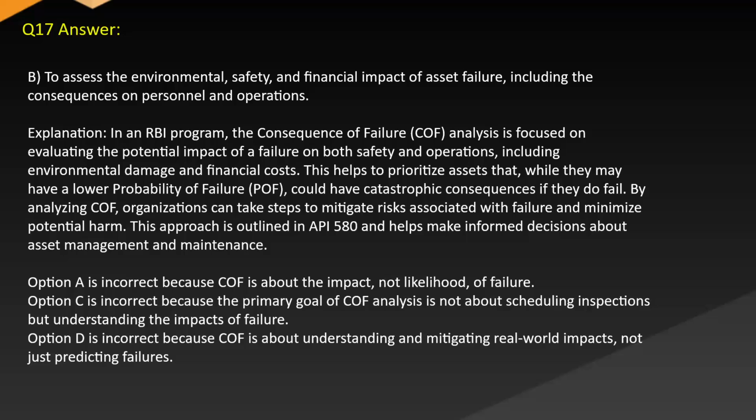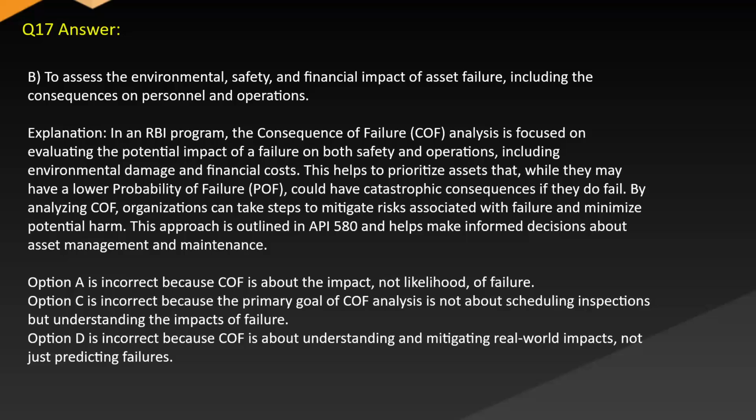This helps to prioritize assets that, while they may have a lower probability of failure, POF, could have catastrophic consequences if they do fail. By analyzing COF, organizations can take steps to mitigate risks associated with failure and minimize potential harm. This approach is outlined in API 580 and helps make informed decisions about asset management and maintenance.